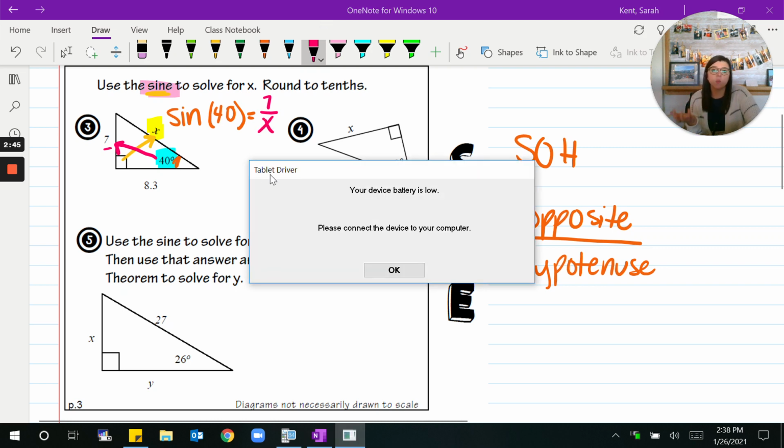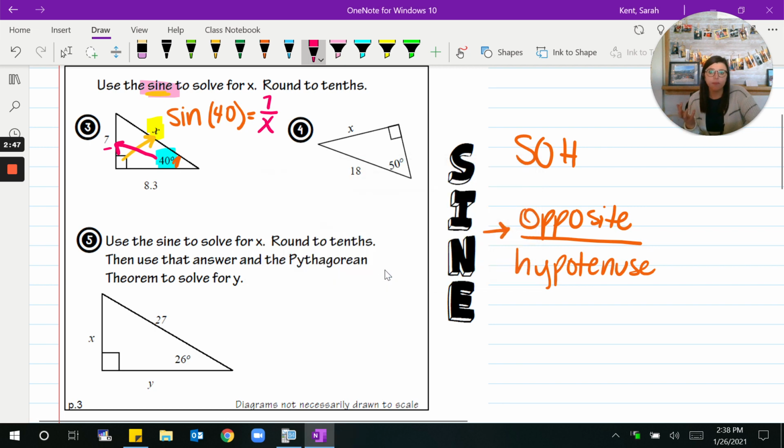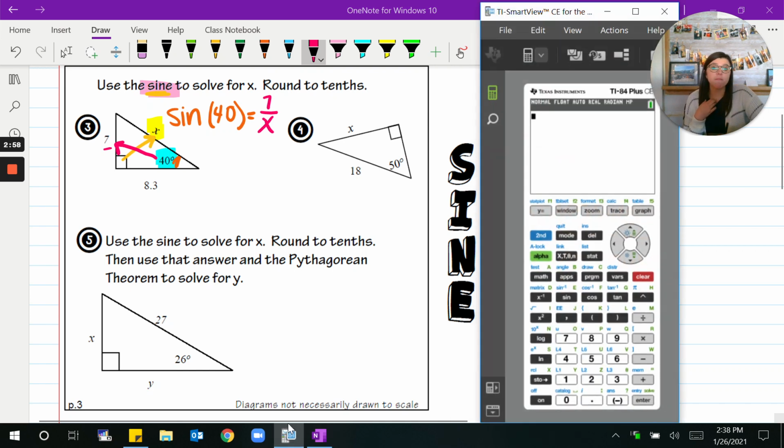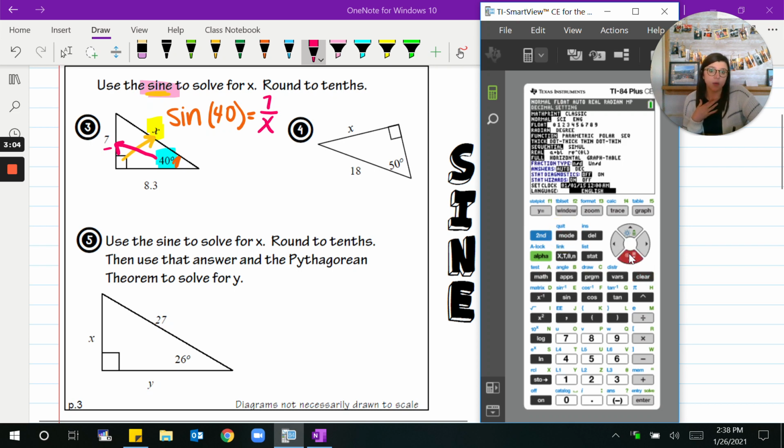So this is where I can put this in the calculator. So on the calculator, the very first thing we have to do though is go to mode and go down twice to where it says radian.